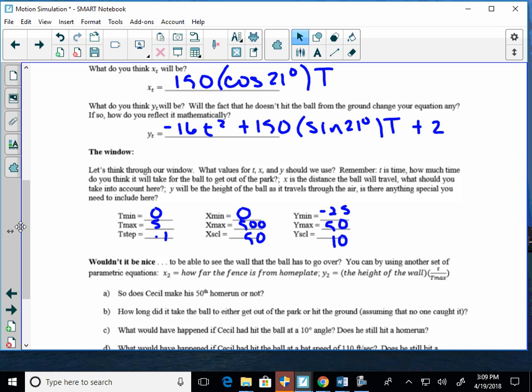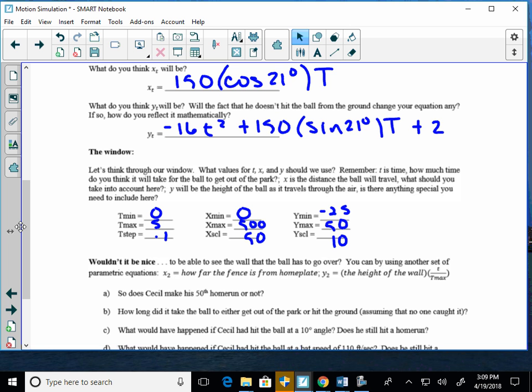Oh, okay. It should be 155 off. That would probably work. No, that's fine. There you go. Okay, next.